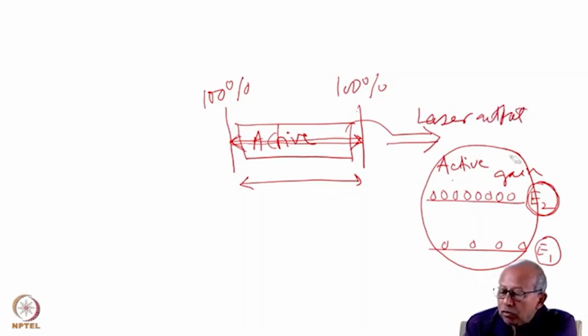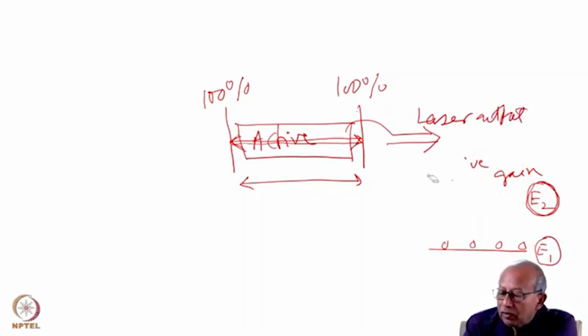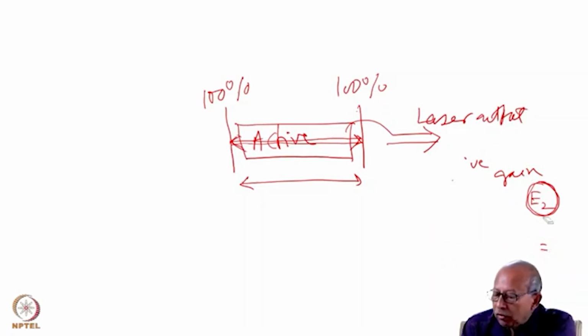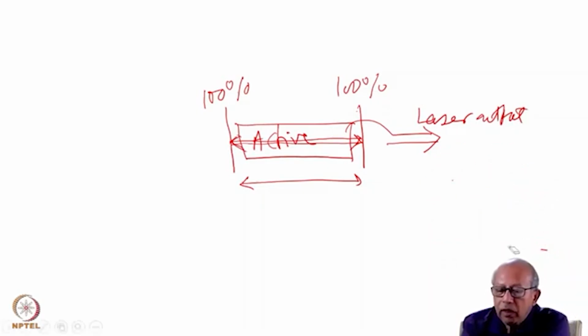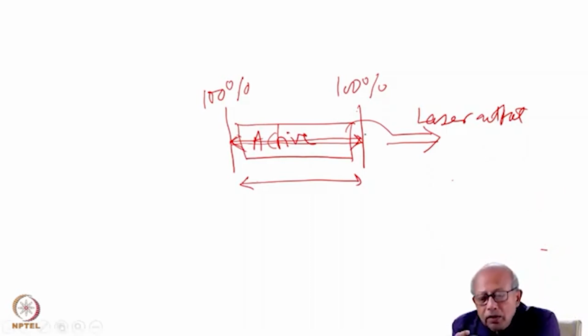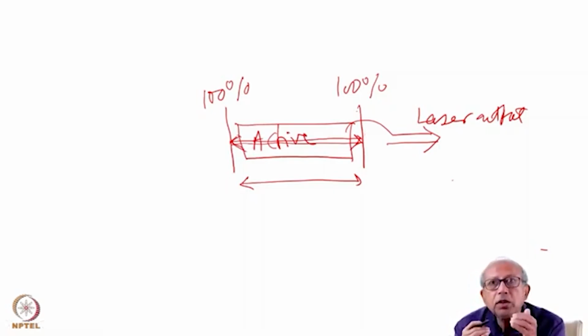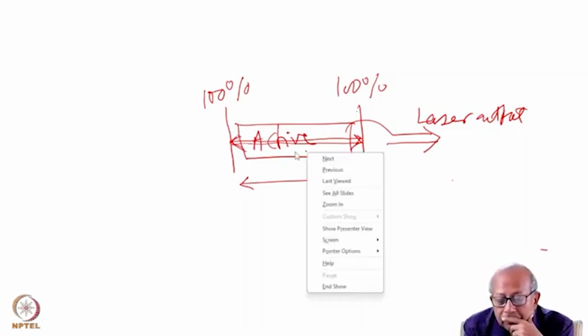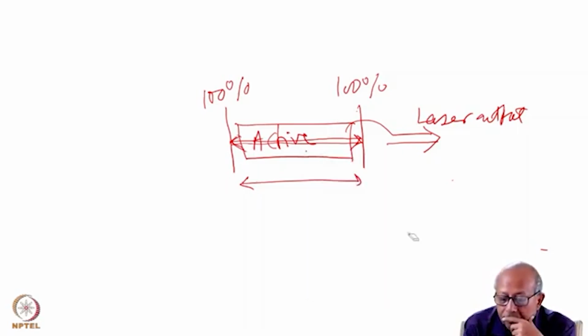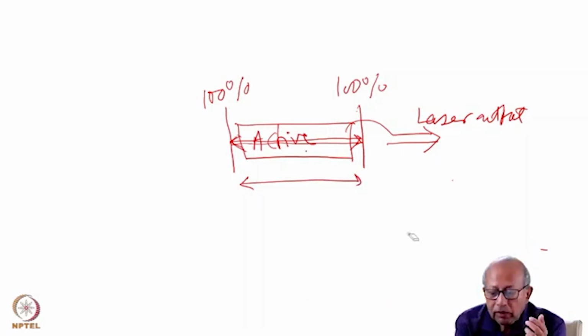And we of course also know that you cannot increase the transmission of the cavity to any higher value, because we have also seen that for lasing oscillation to be sustained, the gain of this active medium must be more than the loss.